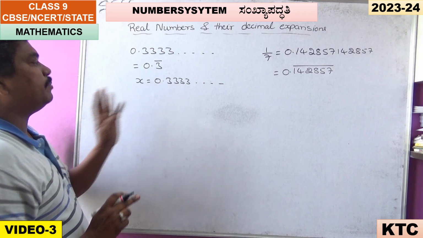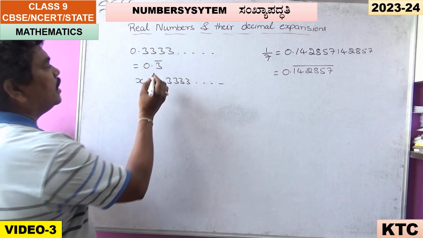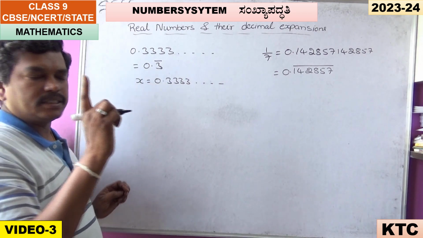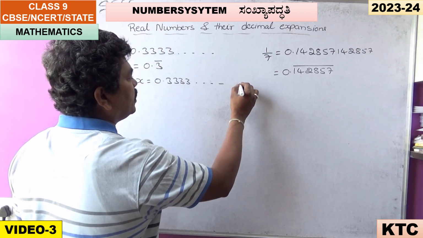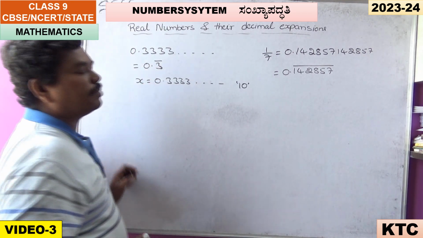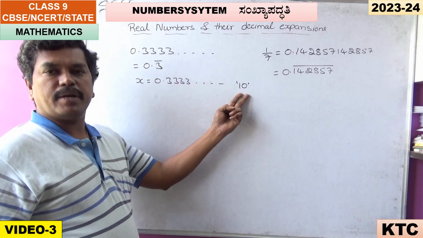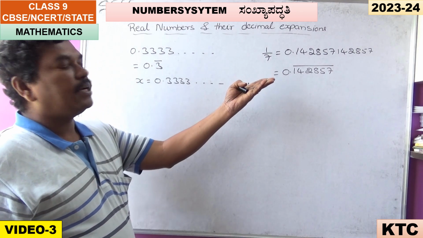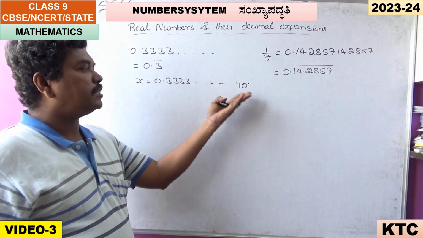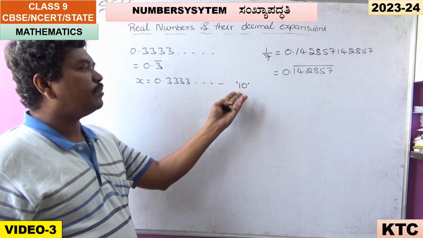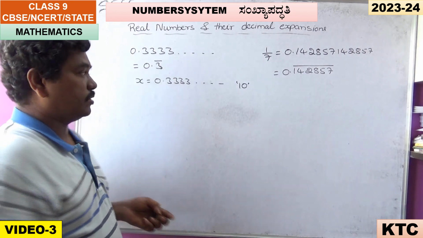Why multiply both sides by 10? Because how many digits are repeated here? Only one digit is repeated. If one digit is repeated, we multiply by 10. If 2 digits are repeated, then we multiply by 100. If 6 digits are repeated, we multiply by 1 followed by 6 zeros.